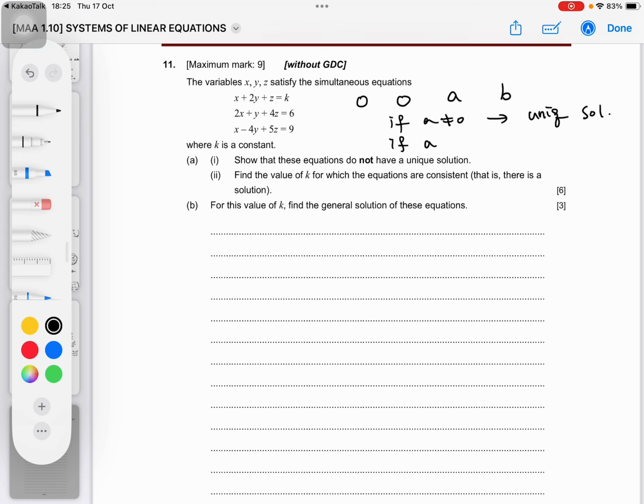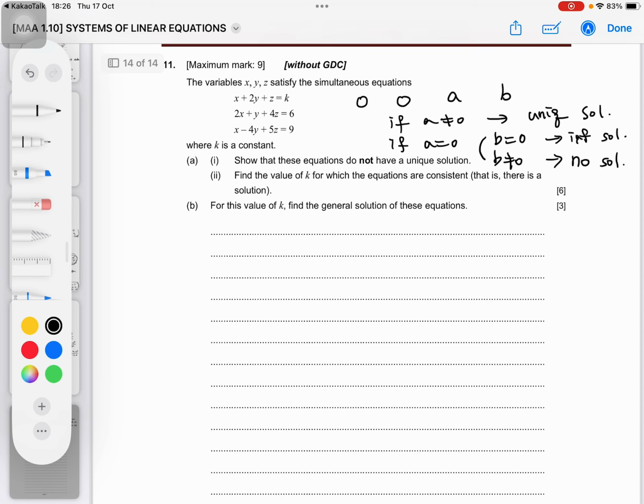And when a equals 0 and b equals 0, then 0z equals 0, which means infinite solutions, because any z can be an answer. And a equals 0 but b is not 0, so 0z cannot be 3, let's say, because z is multiplied by 0 and it becomes 0. So this one has no solution. So this is just a general explanation.